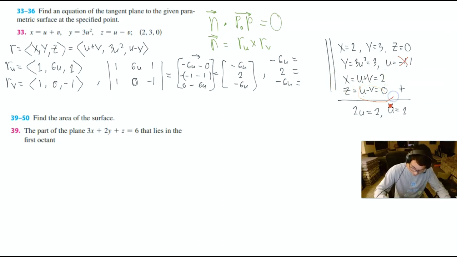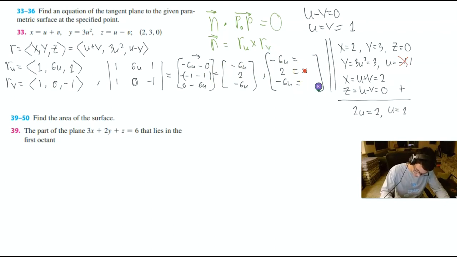So u minus v is equal to 0, so u is equal to v. And that means that v is also equal to 1. If we just check this real quick, 1 minus 1 is 0, 1 plus 1 is 2. So then we could see that our normal vector's components are going to be -6, -6, and 2.